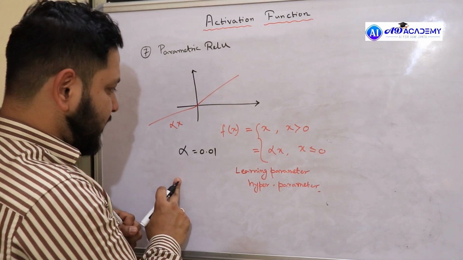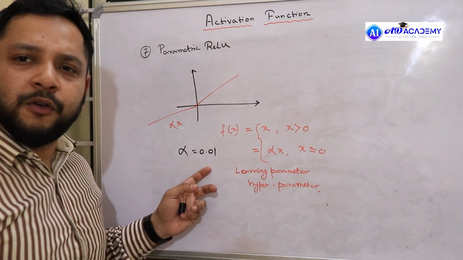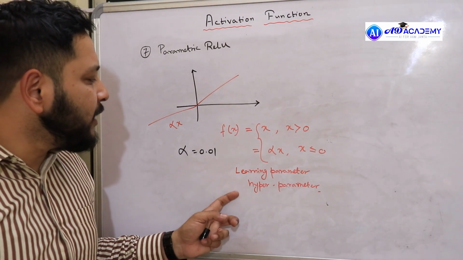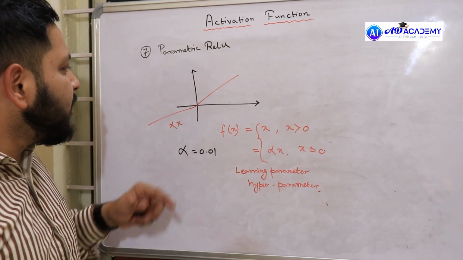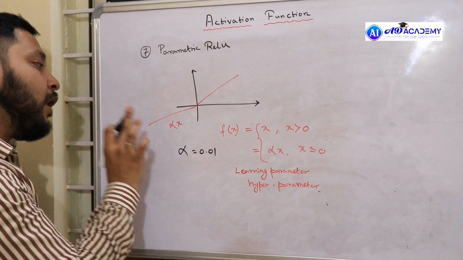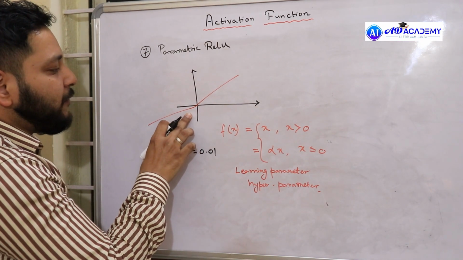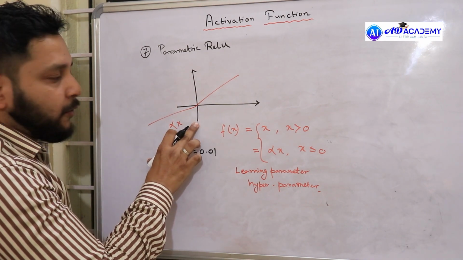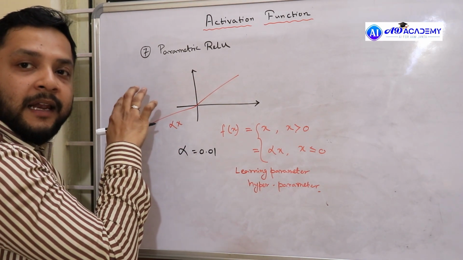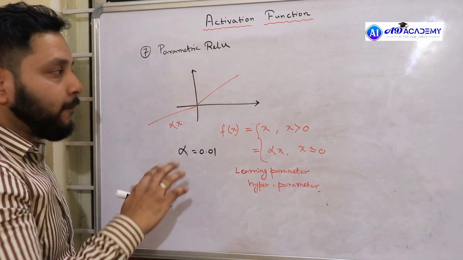But it doesn't matter, like every time it will be 0.01 by default. We can tune this value alpha, and as we tune these things, this will shift, but again if it shifts, still the derivative of this value will not be 0. There will be some value to it, and as a result again it solves this dying ReLU problem.